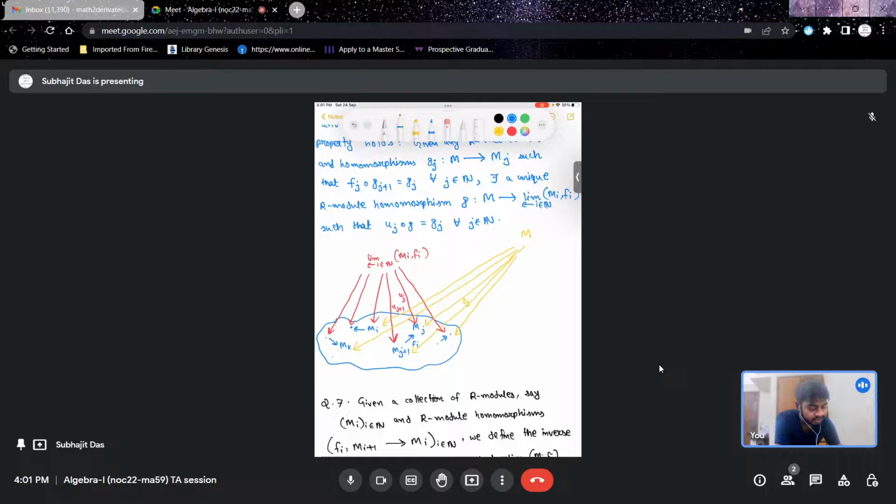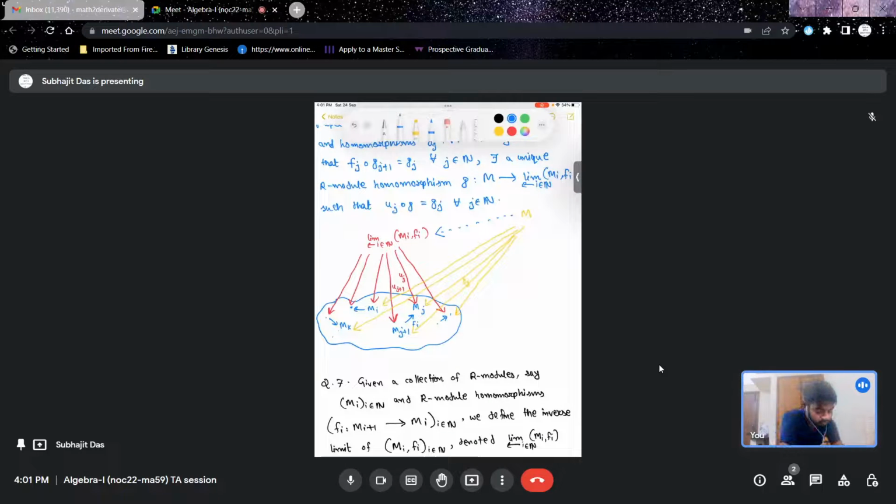there will exist a unique arrow. So given any M and given any arrows gj from M into Mj, such that all the small triangles commute, we will get a unique arrow from M into the limit, such that all the triangles that we obtain here will commute.